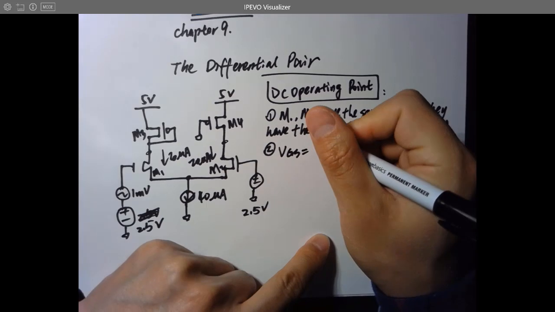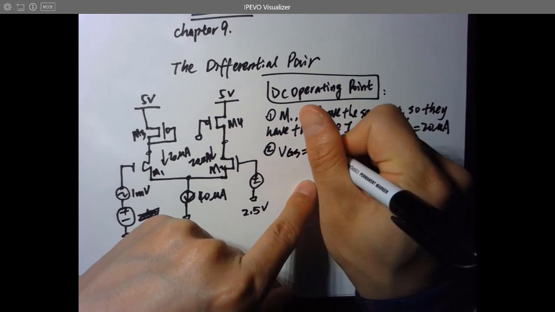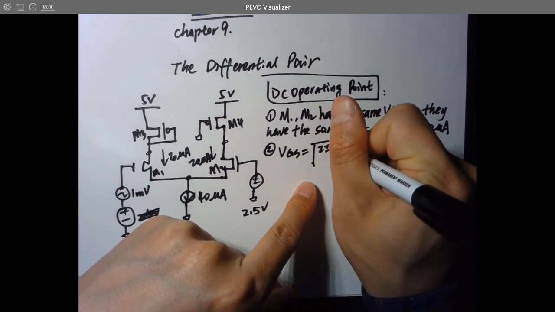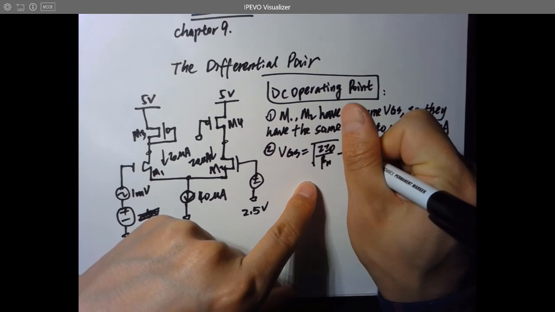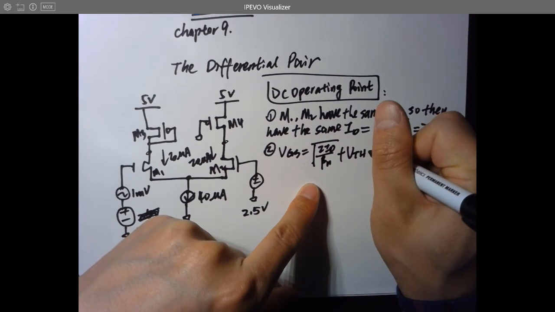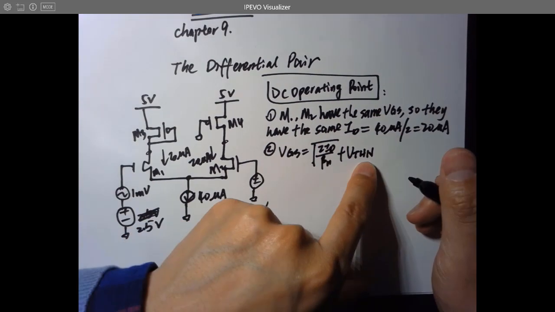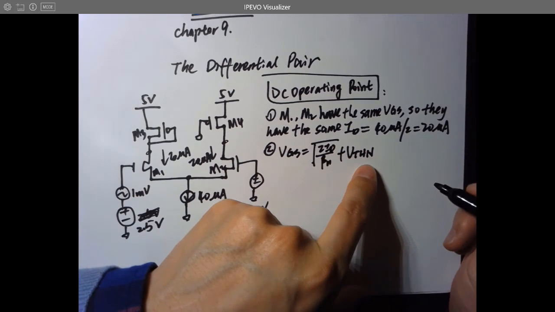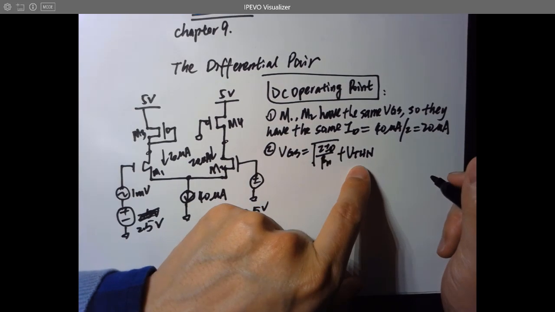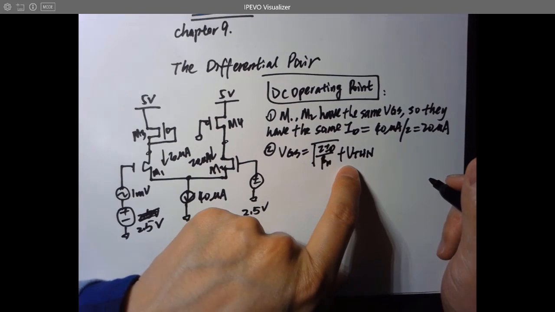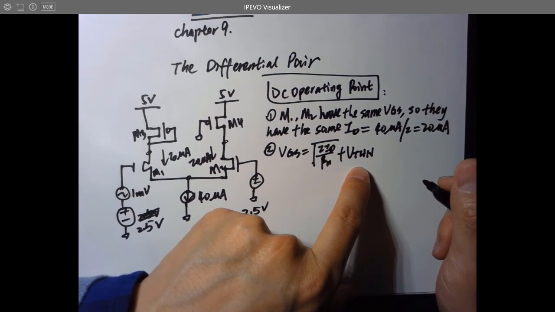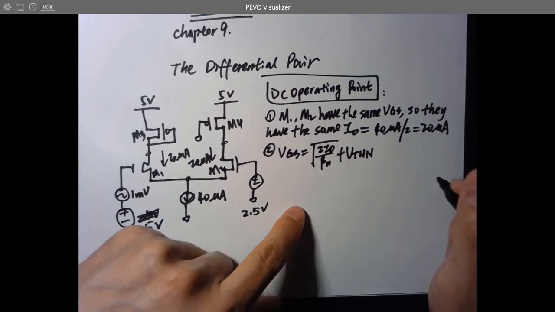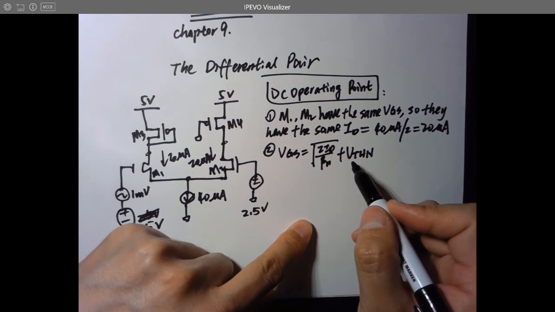VGS equals the square root of 2ID over beta n, plus VTHN. This is from the square law equation. If you forgot how we get here, just look at the notes from the last lecture. I have all the derivations there. So that's VGS.